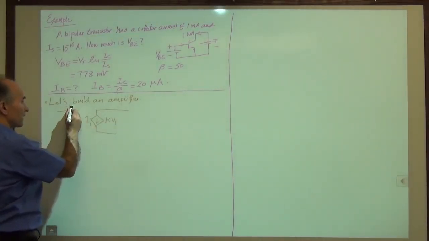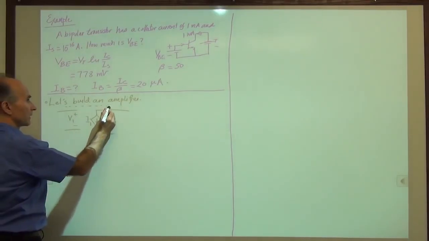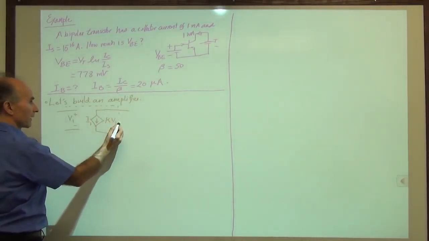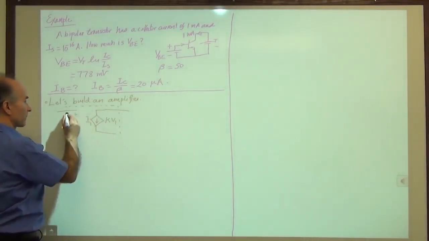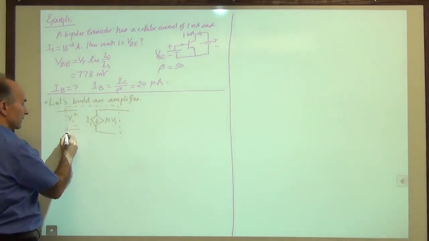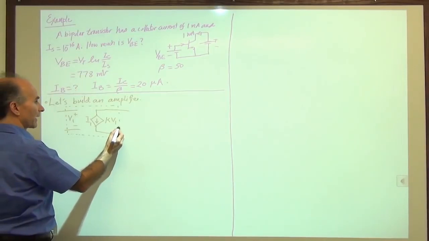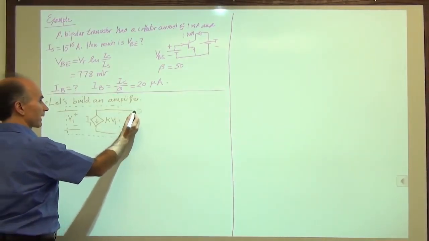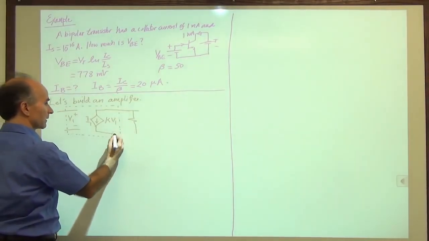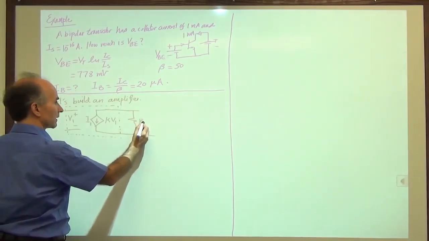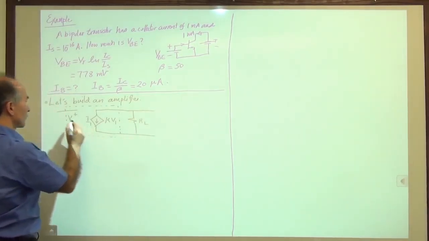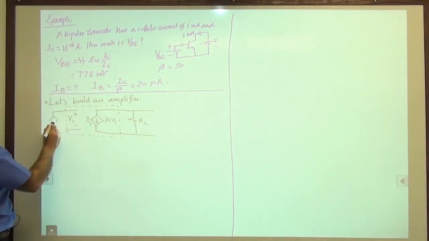So if I take this voltage-dependent device, put it in a black box, and then I come along and connect it to a resistor, RL, and I drive this with a voltage source.